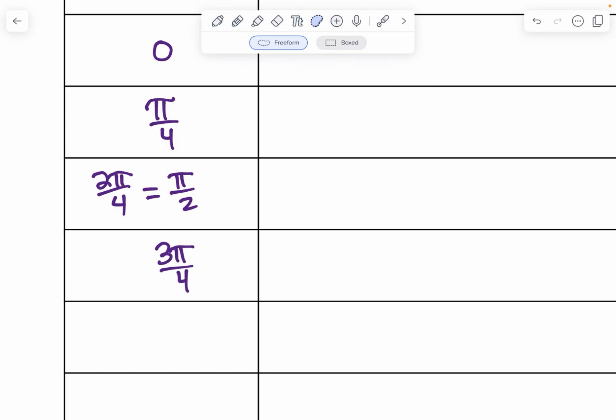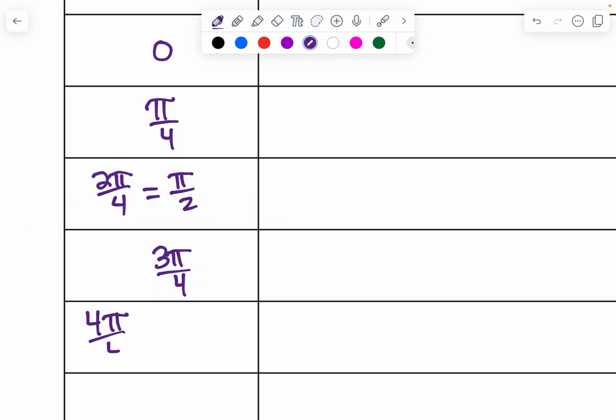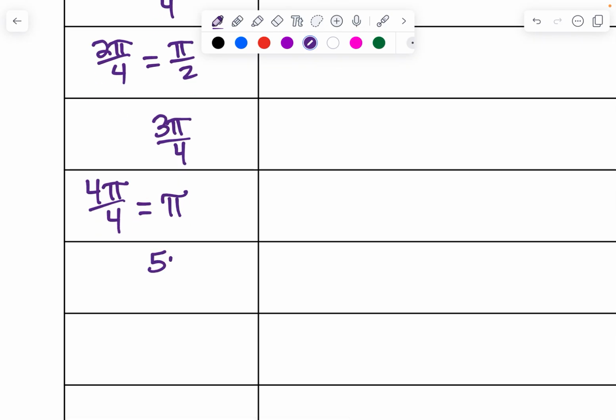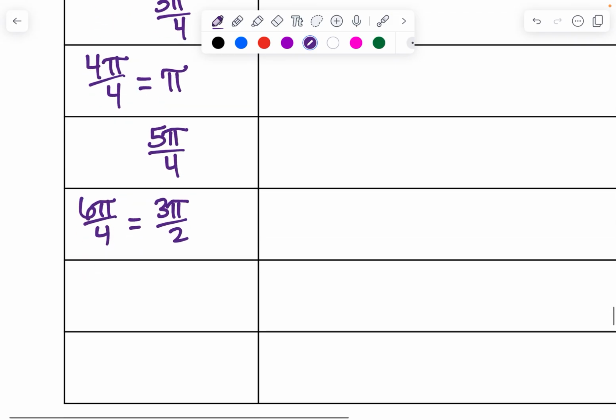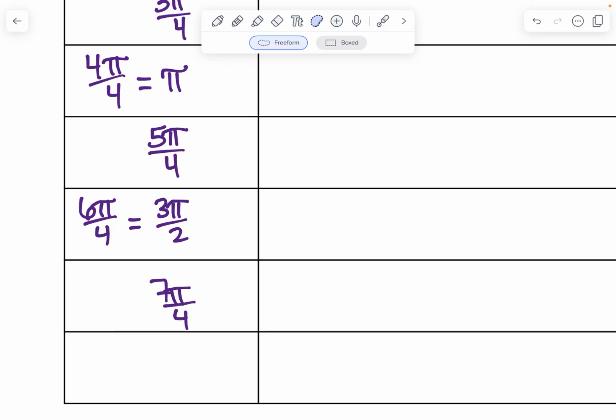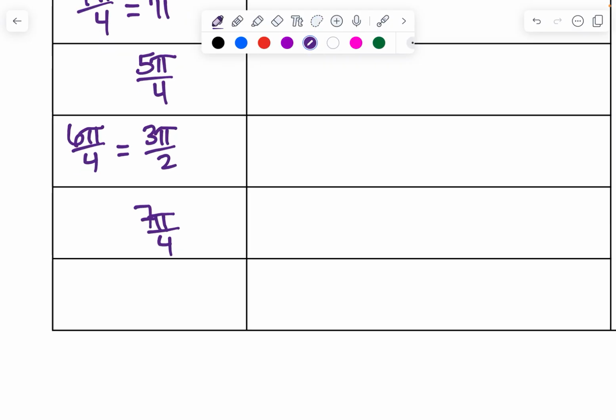It's not going to reduce, so I can leave it in the middle. 4 pi over 4, which is going to reduce to just pi. 5 pi over 4, which won't reduce. 6 pi over 4, which reduces to 3 pi over 2. 7 pi over 4, which again won't reduce. And then 8 pi over 4, which equals 2 pi.